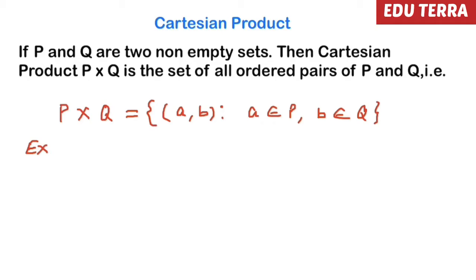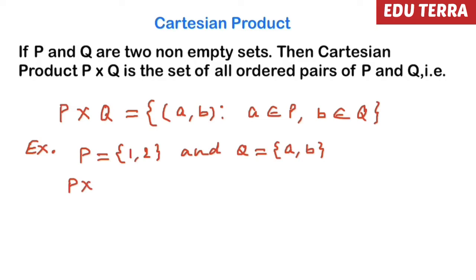Now I am taking two non-empty sets. The first one is P equals {1, 2} and Q equals {a, b}. You can take many examples, but here to explain I am taking Q equals {a, b}.